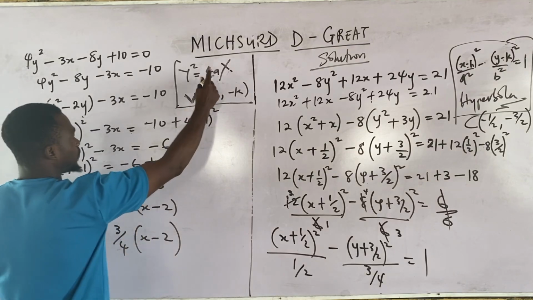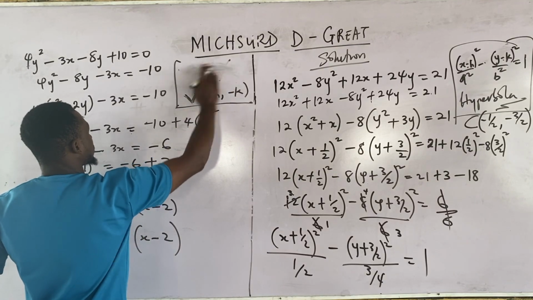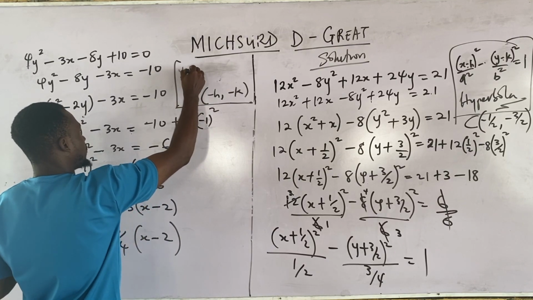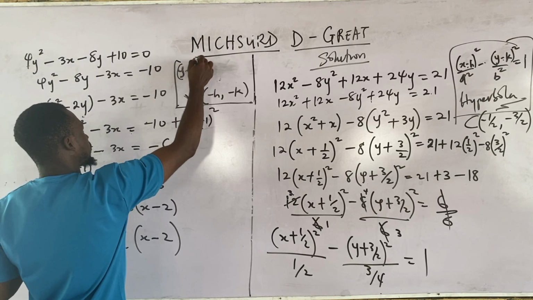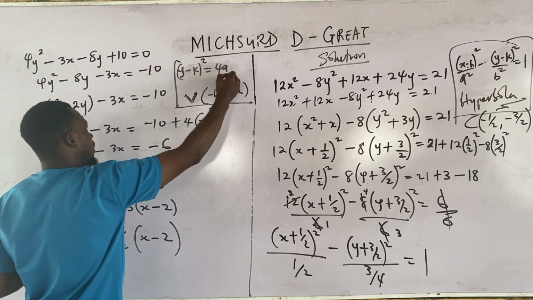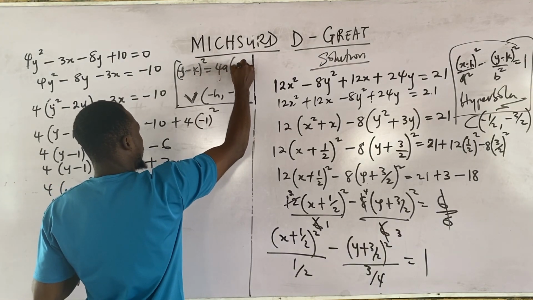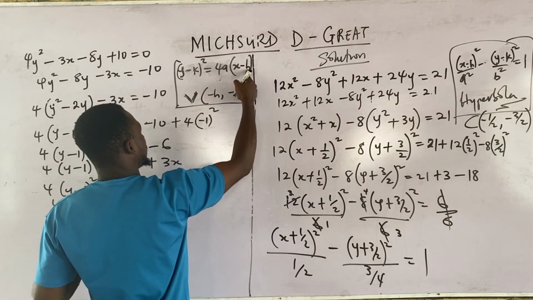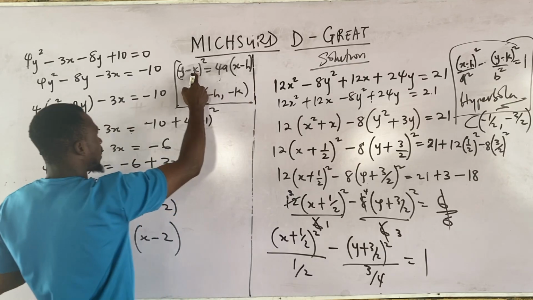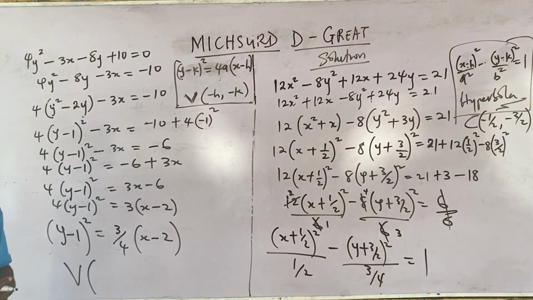So in general form, let's rewrite this so that we can see it very well. So we have y minus k all squared equal to 4a times x minus h. So the h always goes with x and k always goes with y.